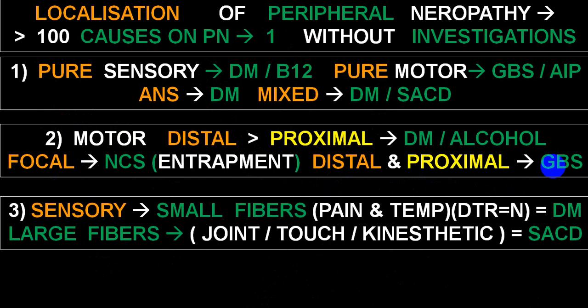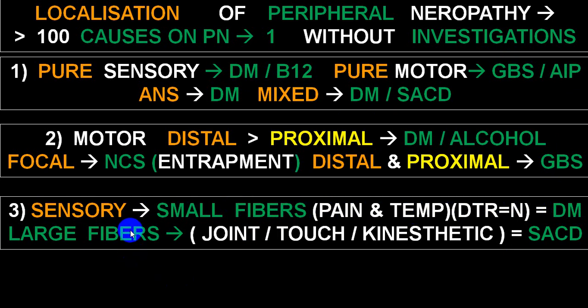If the sensory system is mainly involved, we call it more of sensory. We have already told you that you suspect diabetes and B12 deficiency, that is subacute combined degeneration. So now we divide the sensory into small fibers getting involved. Small fibers means pain and temperature getting involved, and deep tendon reflex is normal. So motor is not involved. You suspect diabetes mellitus.